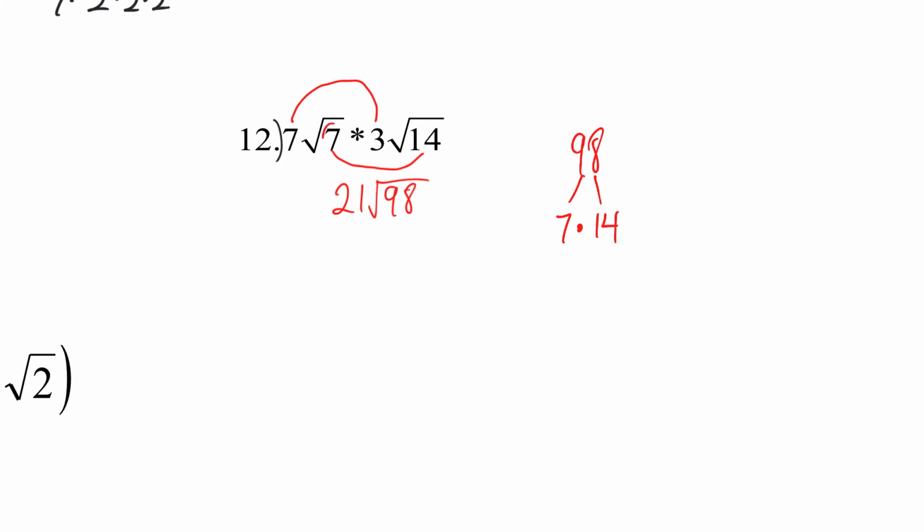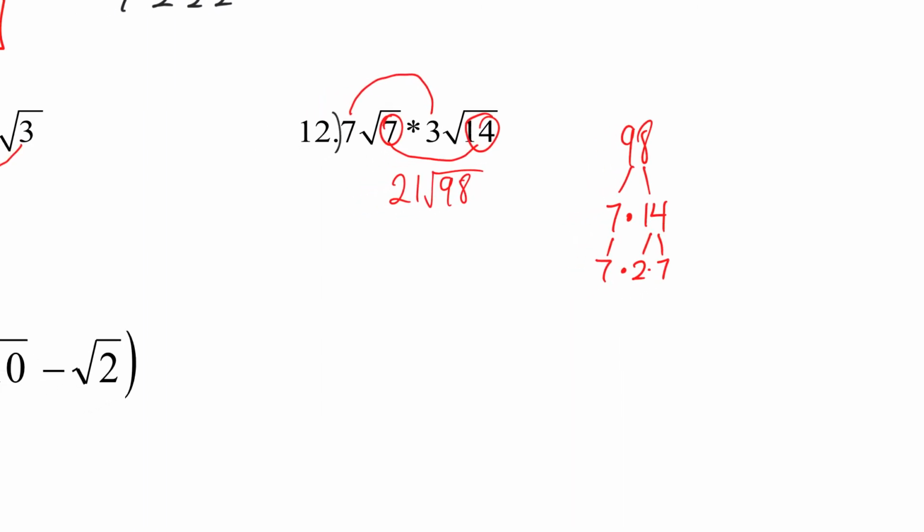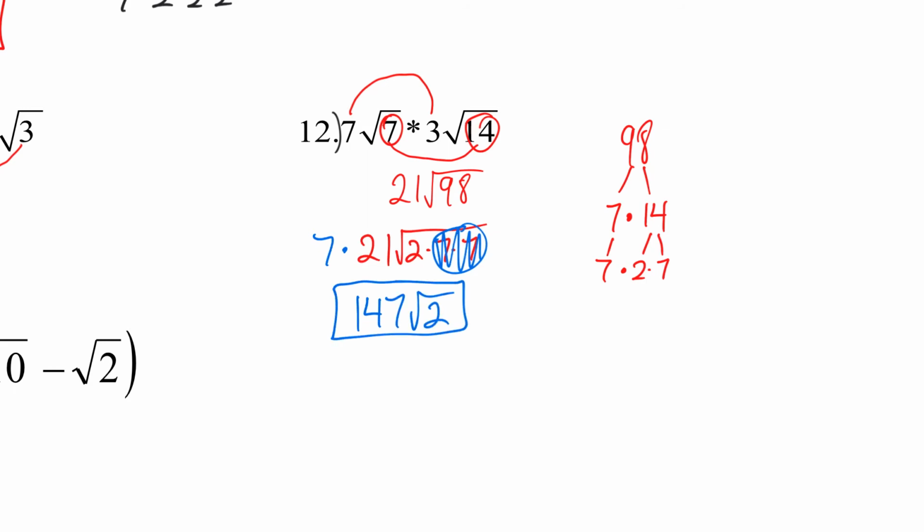Yep, that's the way we got it in the first place, right? So 7, 2, and 7. All right, so we have 21, 2, 7, 7. Okay, so we have 7 times 21. 147 square root of 2.